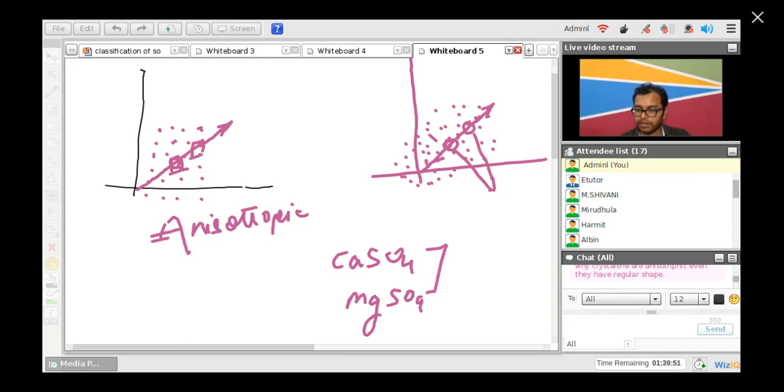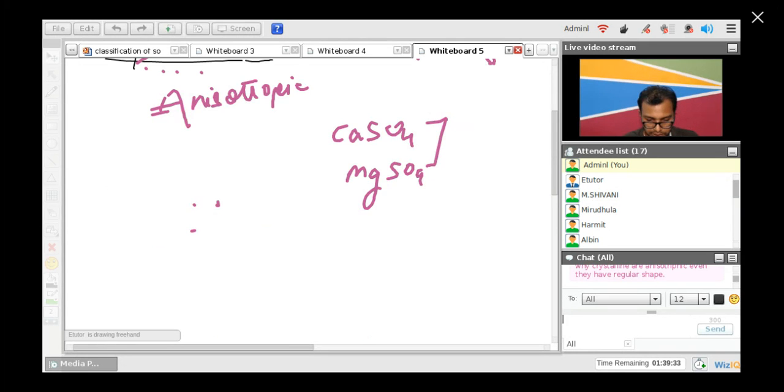Clear? Why are crystalline solids anisotropic even though they have a regular shape? So if they have a regular shape, let's say you are considering a unit volume of a crystalline solid.